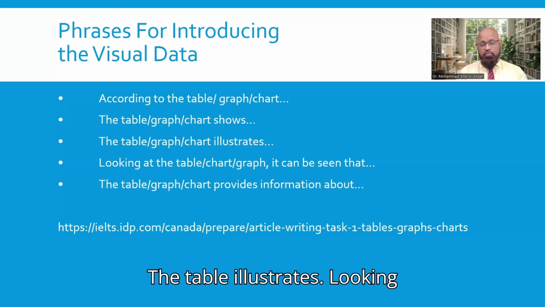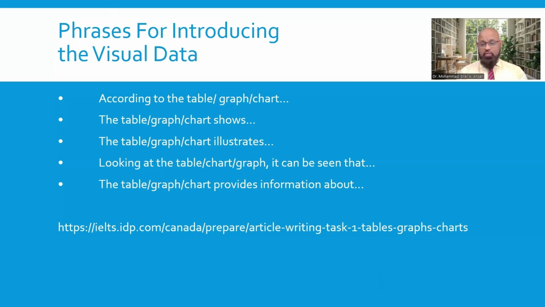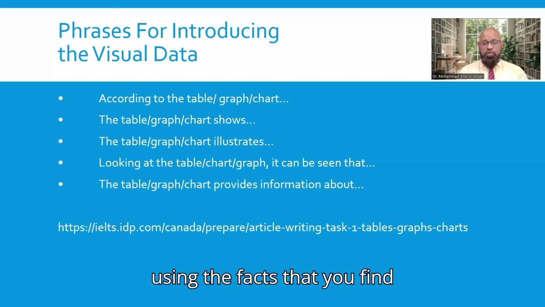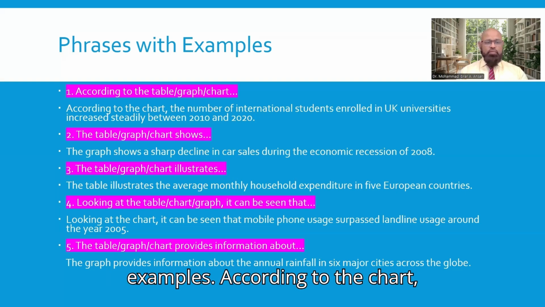The table illustrates. Looking at the table, it can be seen that. Then you can use another sentence using the fact that you find on the visual data. Let's have a look at some phrases with examples.